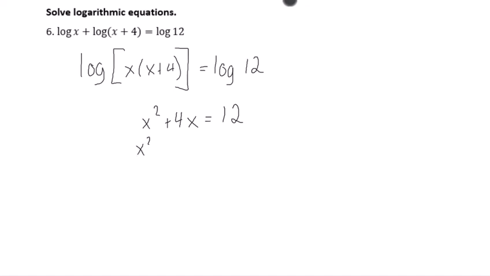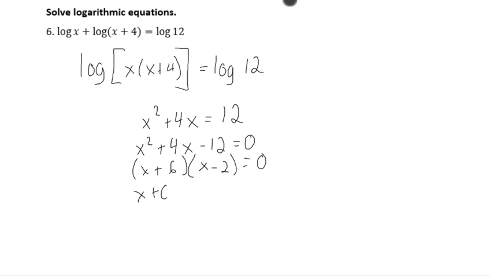Quadratic, so zero out one side. Two numbers that multiply to give you negative 12 and add to give you 4 would be x plus 6, x minus 2. x plus 6 equals 0. x minus 2 equals 0. We get x equals negative 6 and x equals 2.